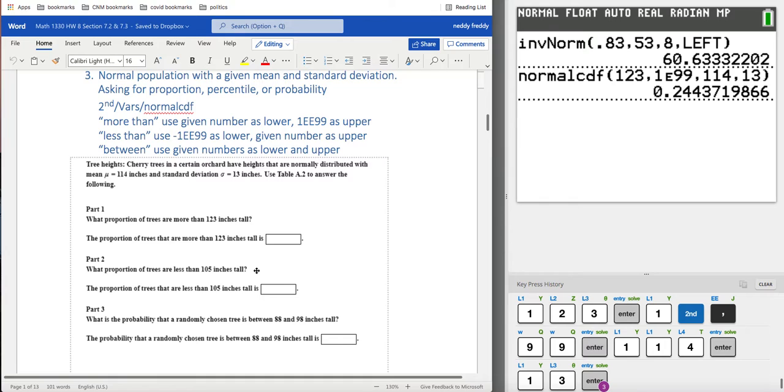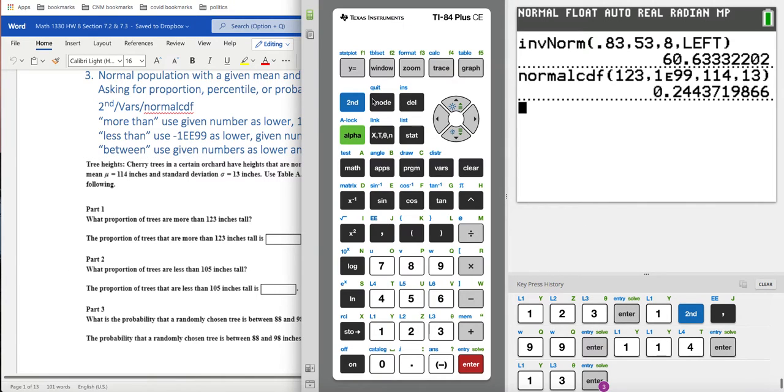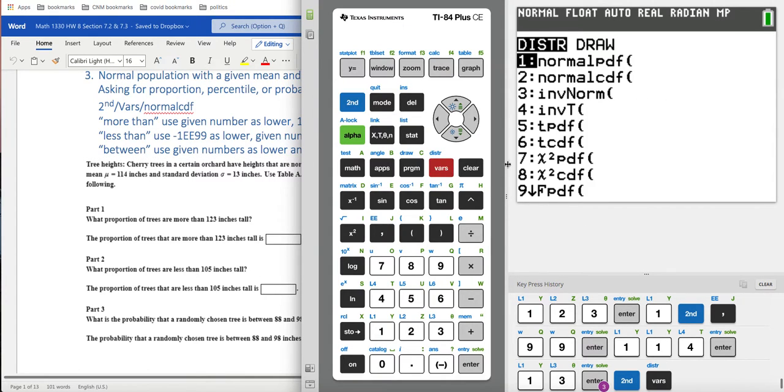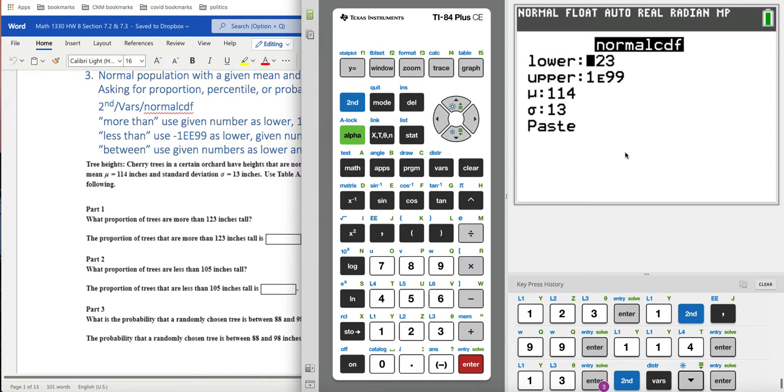Proportion less than 105 is same thing, but second var's normal CDF. But now our lower, this is an interesting one because you certainly can't have a tree that is negative infinity in height, but when I've tried it out, you end up with the same answer whether you put in 0 for the lower or negative infinity.